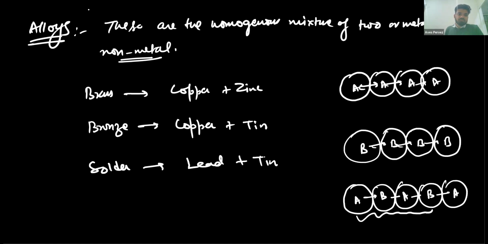The second one is, suppose we have atoms placed in layers like this.